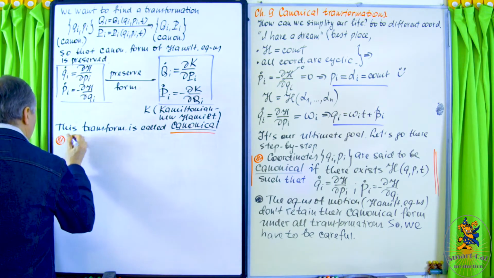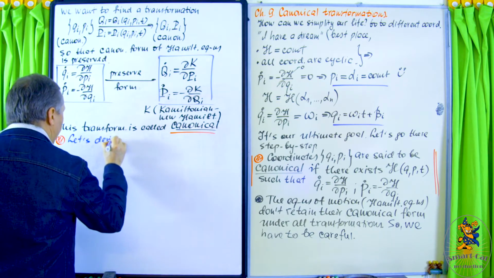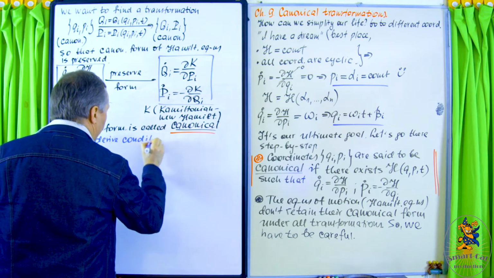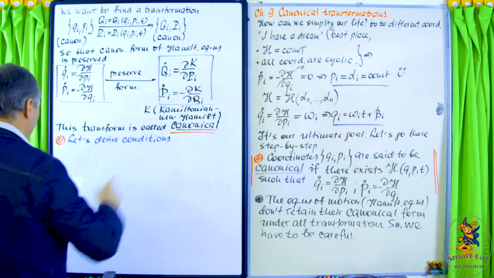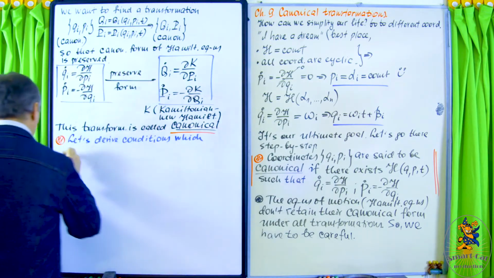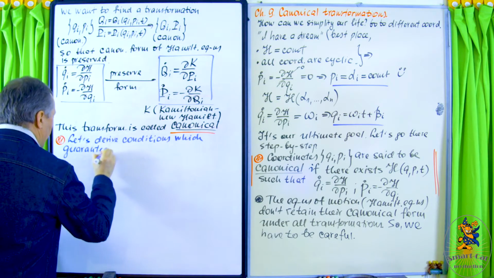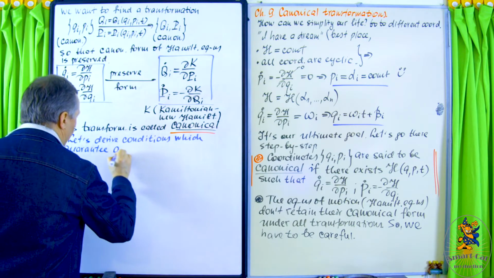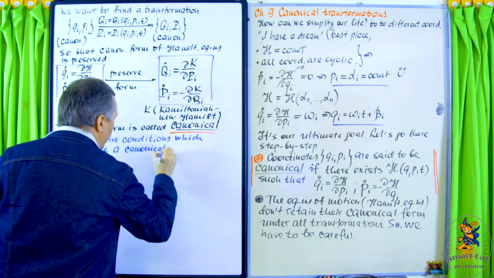Right. So let's derive conditions which guarantee a canonical transformation.